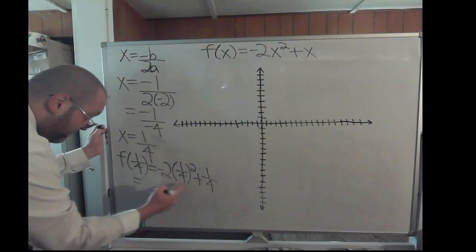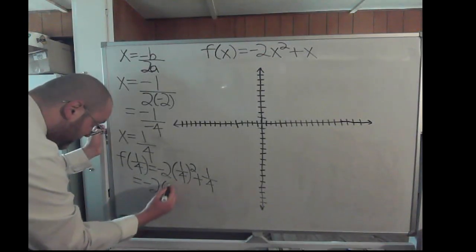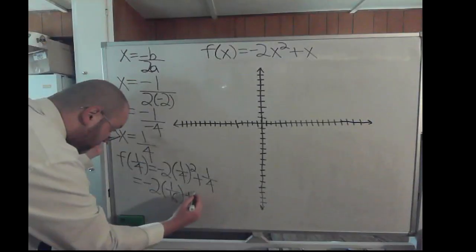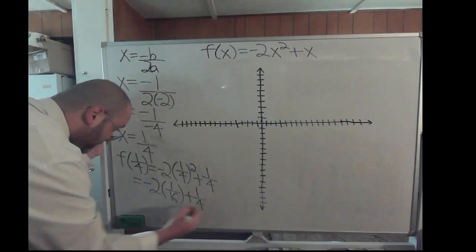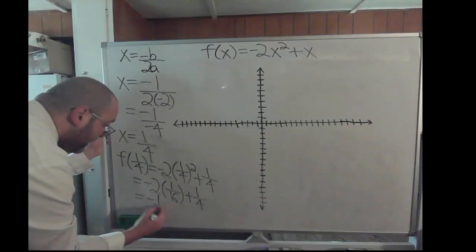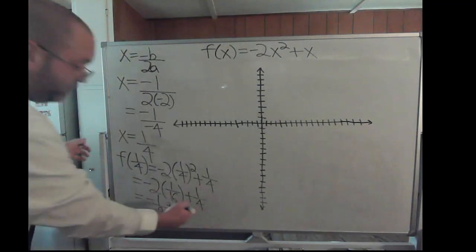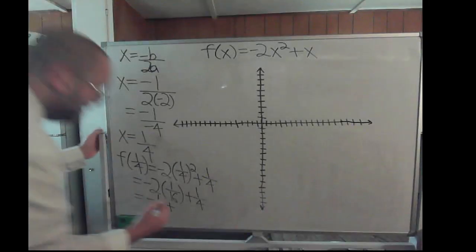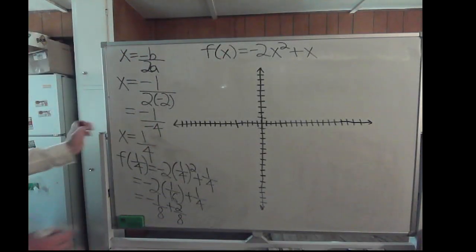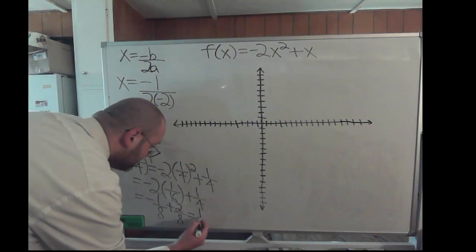Well, 1/4 to the second power is 1/16, so you'll have negative 2 times 1/16 plus 1/4, which would equal negative 1/8 plus, if we make 1/4 a denominator of 8, 2/8. So negative 1/8 plus 2/8 gives you 1/8.